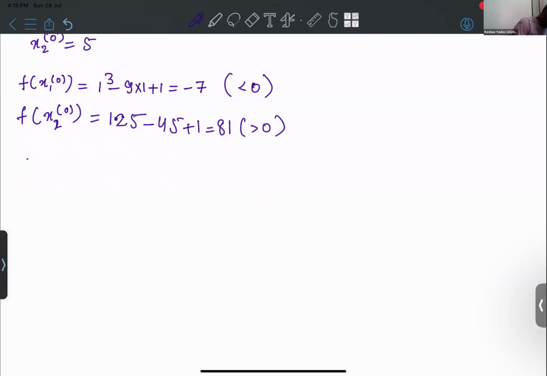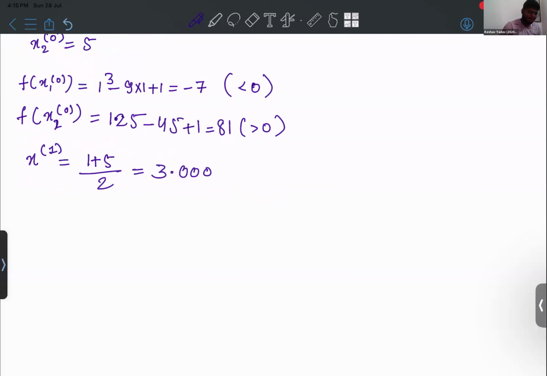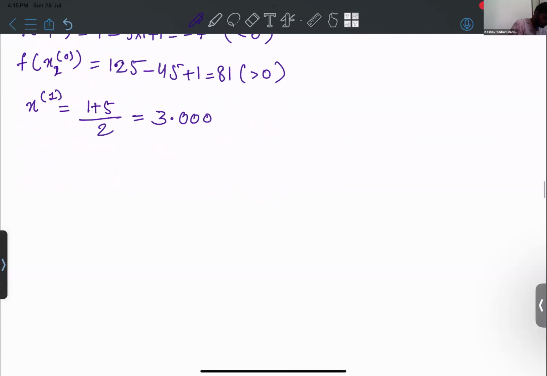So what will be the value of x at the first iteration? That will be equal to 1 plus 5 divided by 2, that will be equal to 3. So our answer will be 3.000 after the first iteration. Now, what will be the interval? To find the interval, first we need to find the function value at this first iteration. So f of x at the first iteration will be equal to 3 cube minus 9 multiplied by 3 plus 1.